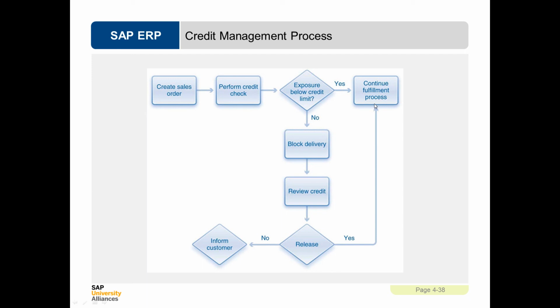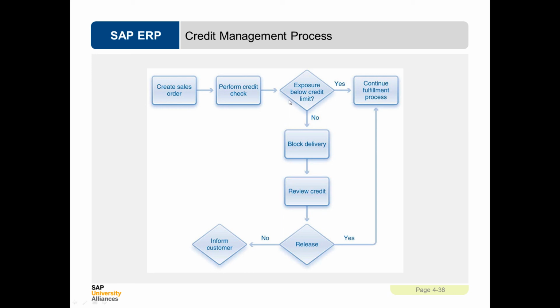On the other hand, it's possible that we have material in transit to a customer that we have not yet invoiced. And so once that material is delivered and we now add the invoice to the accounts receivable from that customer, they may then go over their credit limit prior to the shipment of the next product.